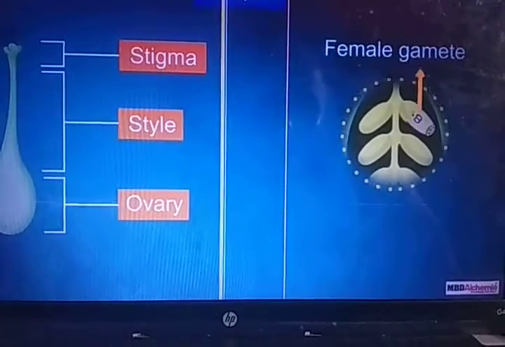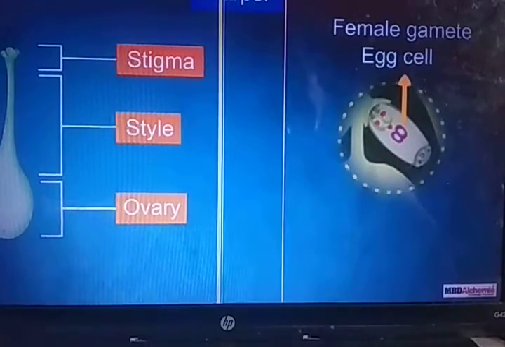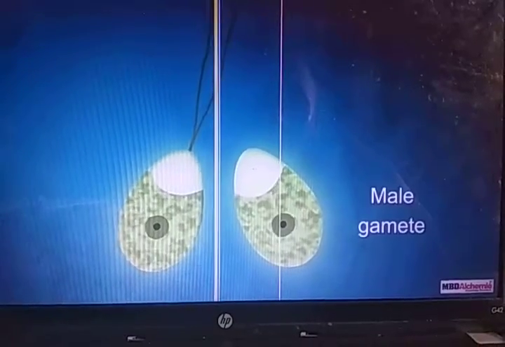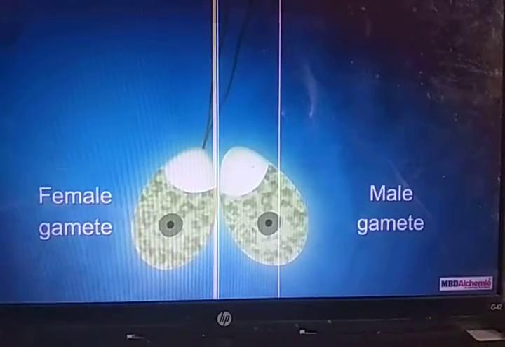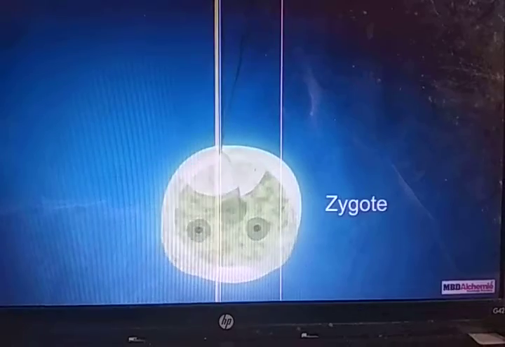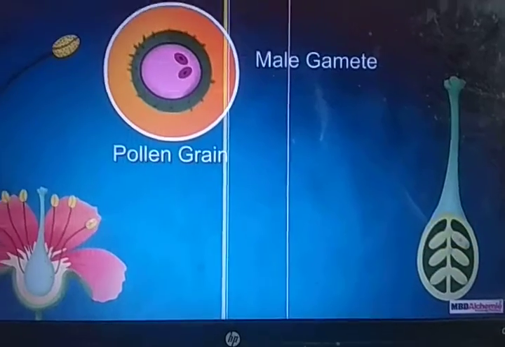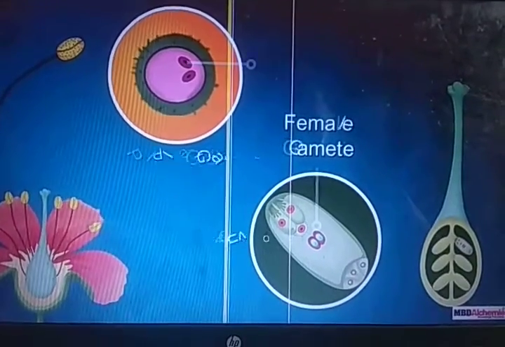This is the female gamete or female egg. When the male and female gametes fuse, they form a zygote. This zygote will develop into a plant.